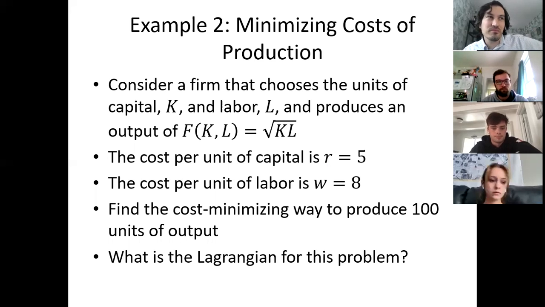Some theory about the firm and how it produces what it produces. What I didn't give you in the problem is just the formula for cost. I don't think that's that important. It's always RK plus WL. This is a generic formula for the cost of production.